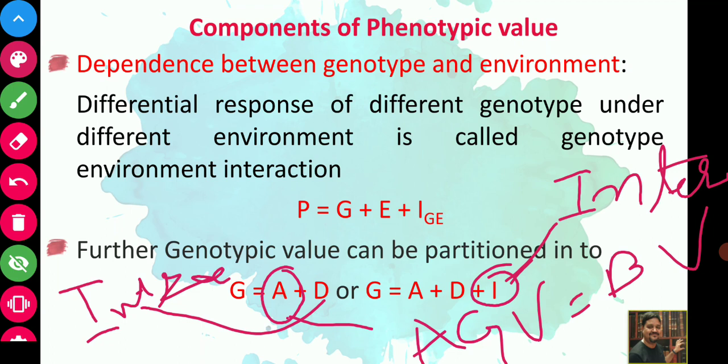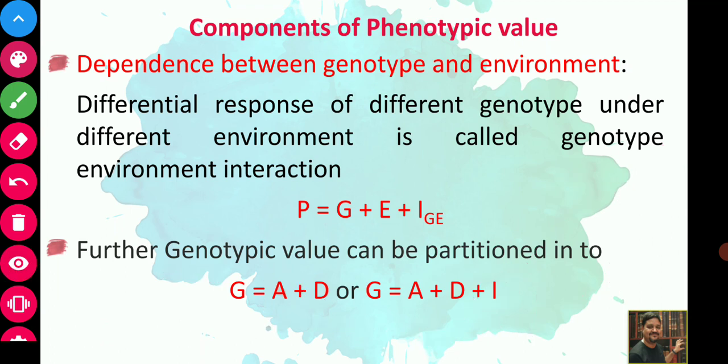You have already studied this in Mendel's work, when you were studying monohybrid and dihybrid inheritance. At that time you might have studied the intraallelic interaction and interallelic interaction. Under interallelic interaction, you might have studied epistasis.